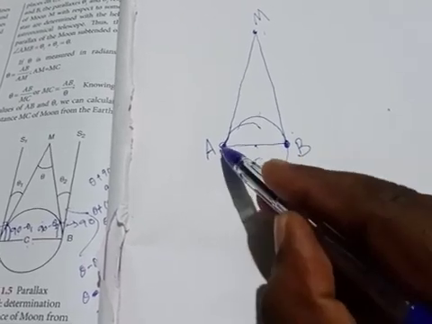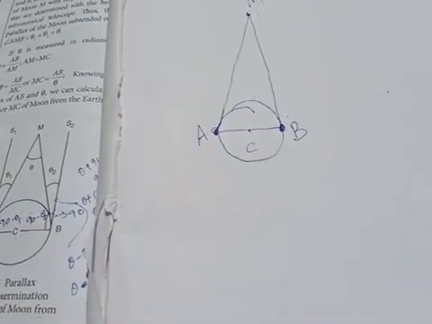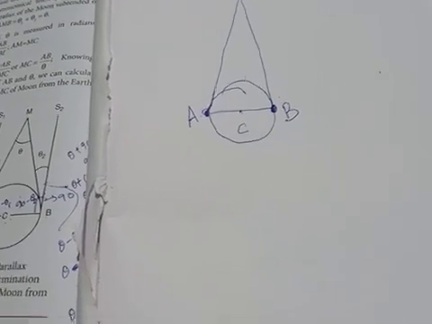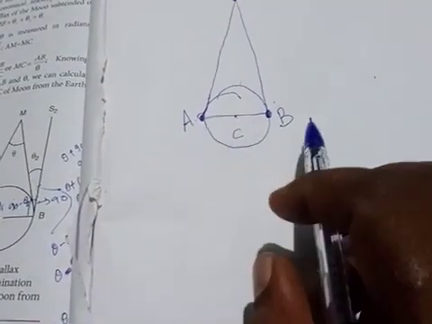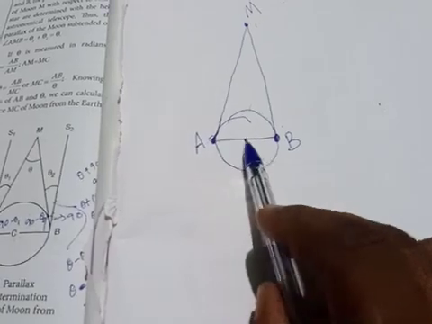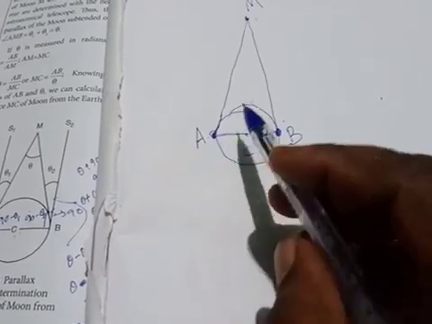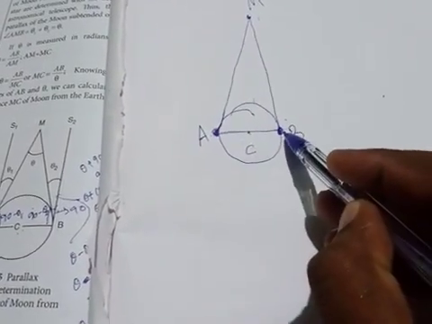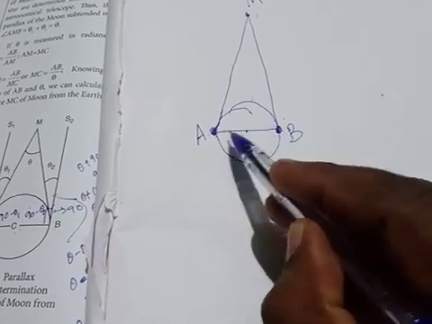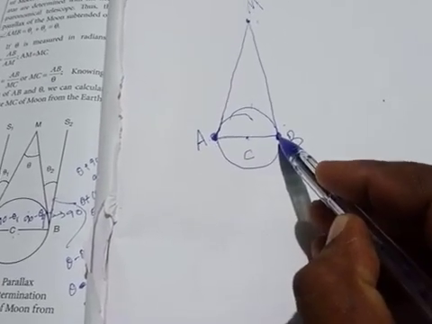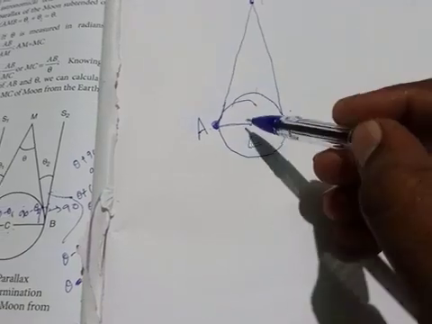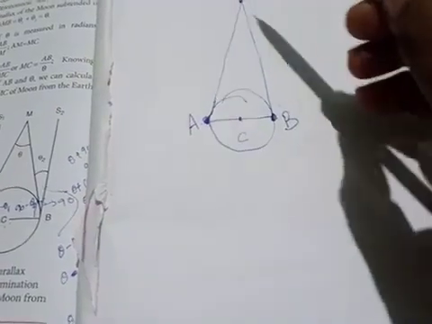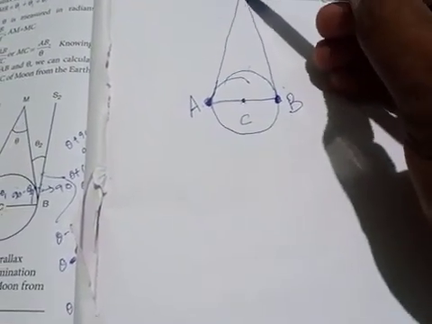So A and B are two diametrically opposite places on the surface of the earth. You see the diameter of the earth, and A and B are two diametrically opposite places. I said that this is the center of the earth. Assume that the moon is here.